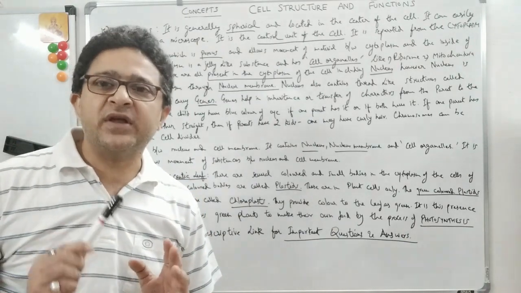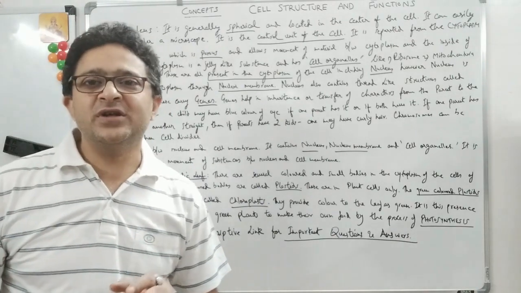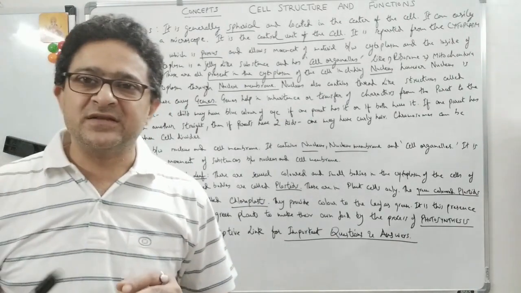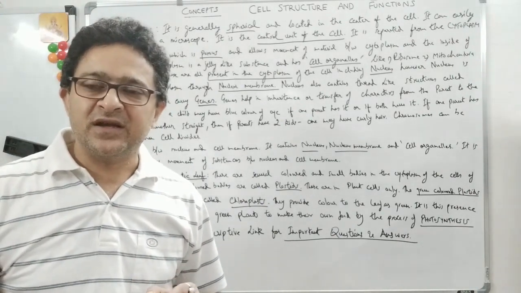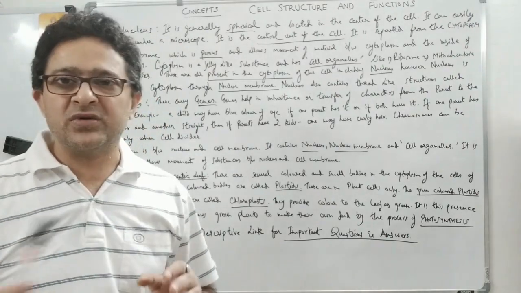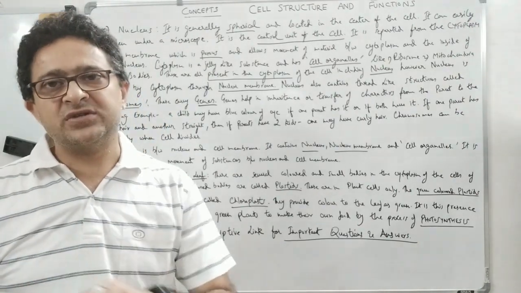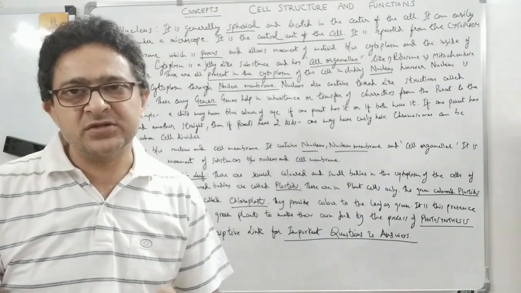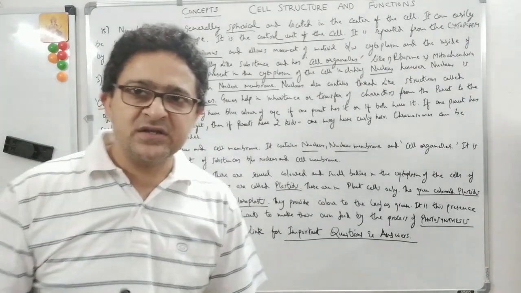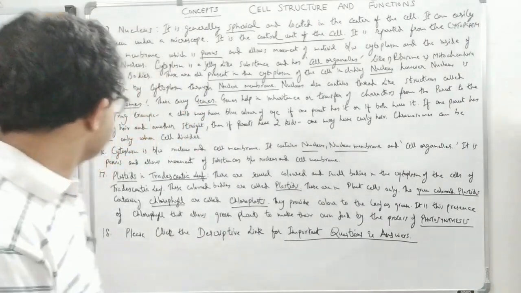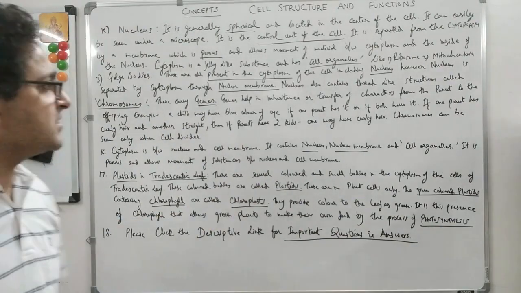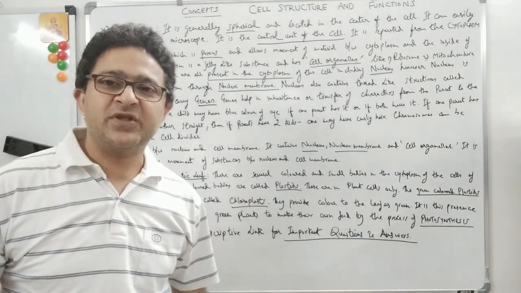In the same way, the nuclear membrane is also porous. If it were not porous, substances could not enter the nucleus, nor could the nucleus send substances outside to the cytoplasm. So all these interactions happen. I hope this part is clear. So I proceed now.